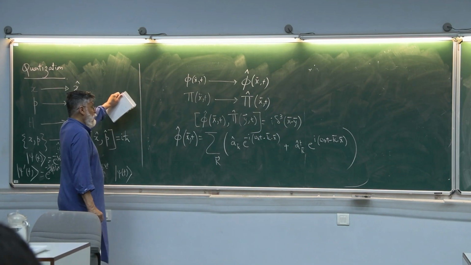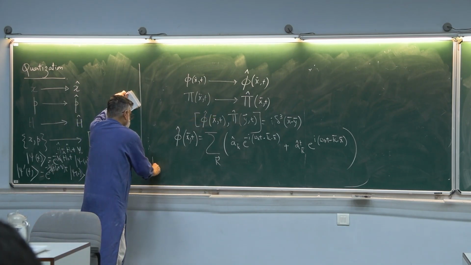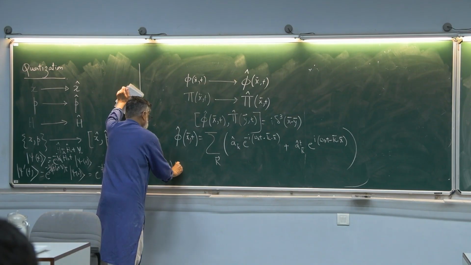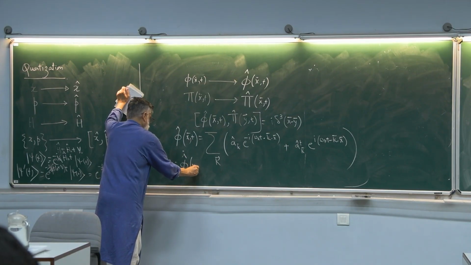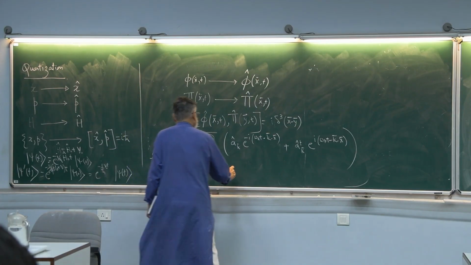What is the canonical conjugate momentum density operator then? Remember, the pi operator is the time derivative of the phi operator. This I can write as follows.